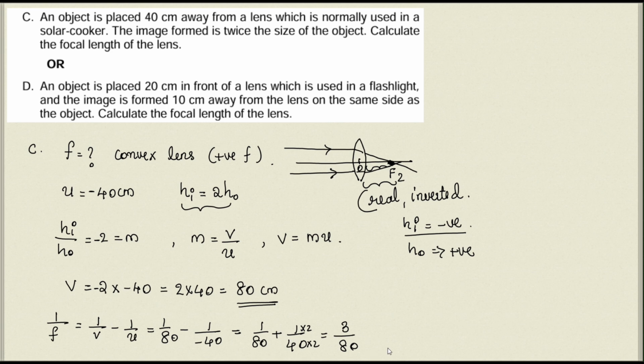So 1 by f is 3 by 80, so f will be equal to 80 by 3, that is equal to 26.67 centimeters. This is the final answer to find the focal length of the given lens in the solar cooker.